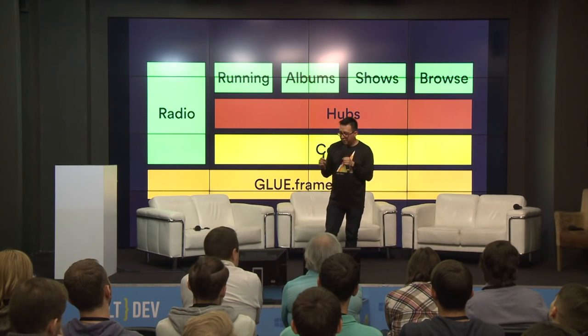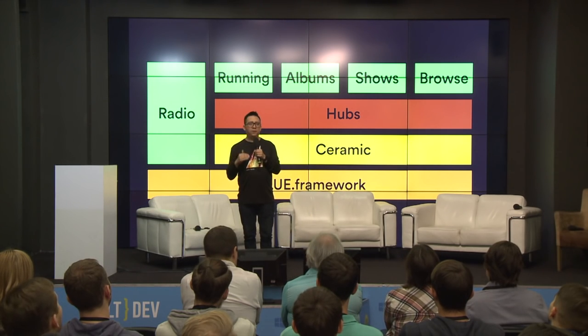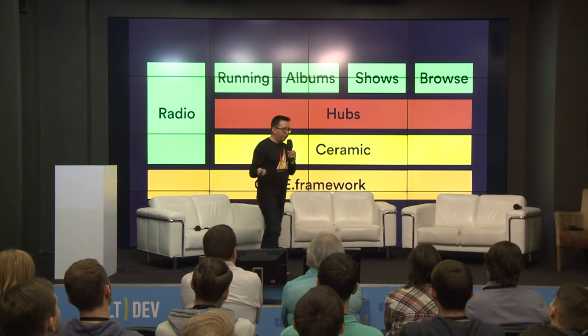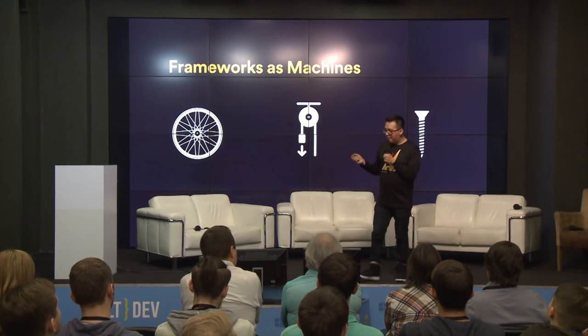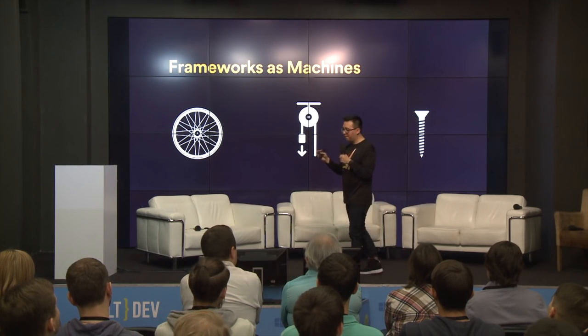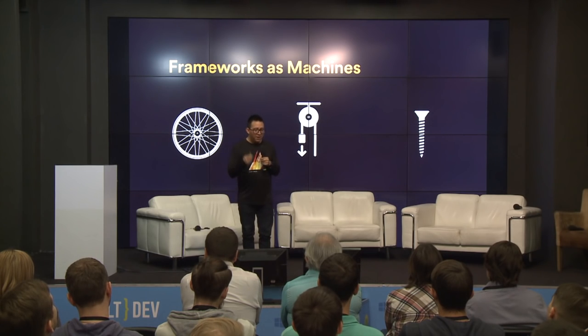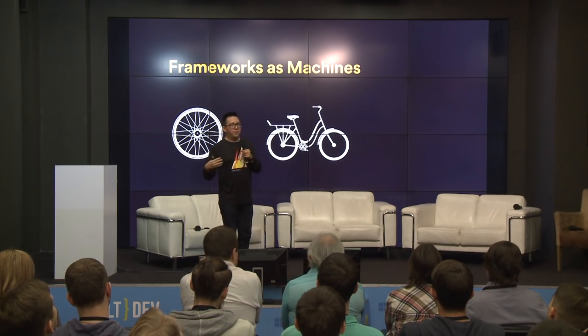I'm just finishing here, and I just want to end this with one observation about how these frameworks interact with each other and stack on top of each other. They remind me a lot of how mechanical machines work. You start with something very simple, like a wheel or a screw or a UI label, and then you combine them, and you get a more complex machine.